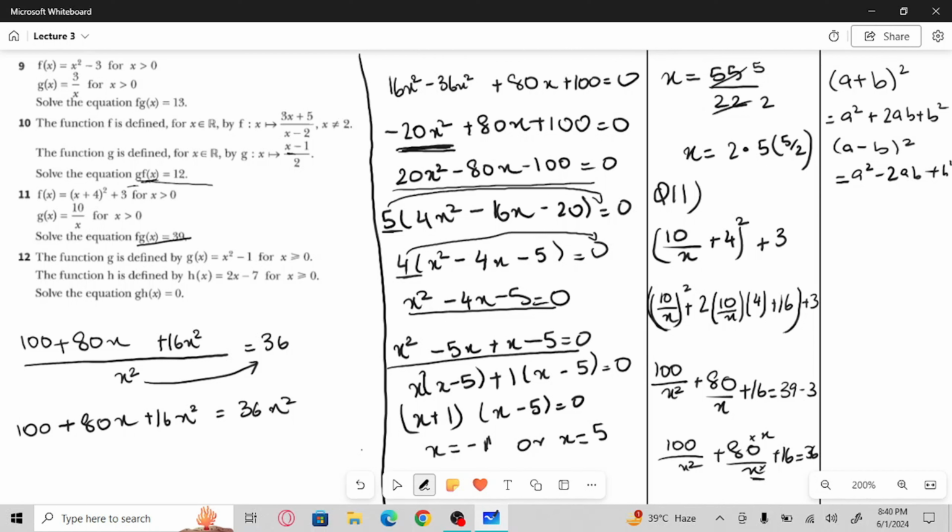And now the thing is that -1 will not be taken as a value. It's not going to be applicable. Why? Because we are given that for both of these equations x is greater than 0. So we are not going to take the value of x to be -1. That's it.